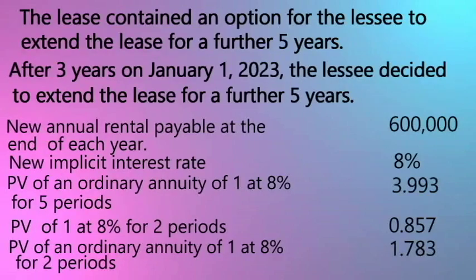The lease contained an option for the lessee to extend for a further 5 years. After 3 years, on January 1, 2023, the lessee decided to extend the lease for a further 5 years. These are the following information.